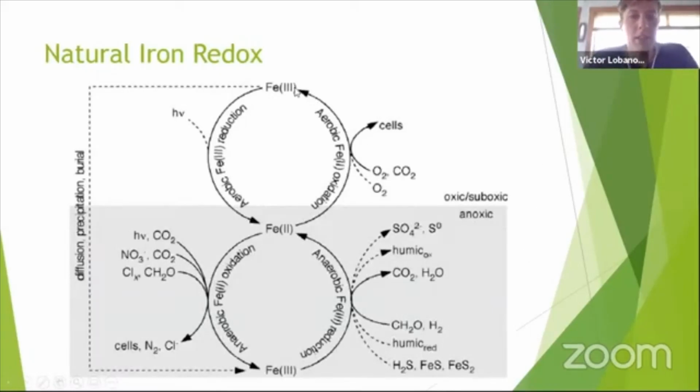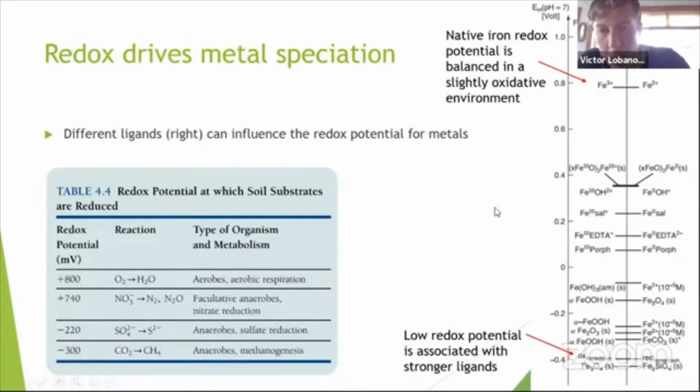Iron basically switches between iron 3 up here and iron 2, and it is very redox dependent, and the microbial community plays a big role here. I want to point out this scale on the right-hand side.